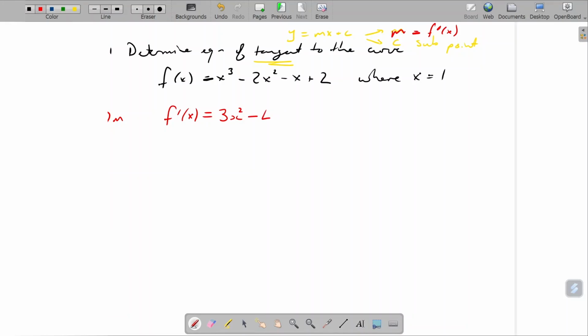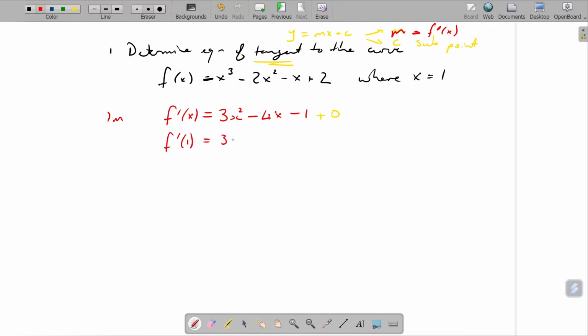So f prime of x is 3x squared minus 4x minus 1. Don't forget that the derivative of a constant is always 0. So this term would derive down to plus 0. However, we know that we are talking about a particular point, so we need this derivative at the value x equals 1.